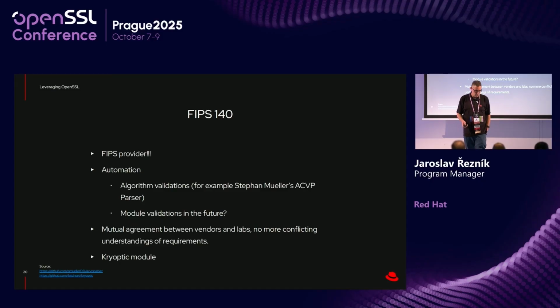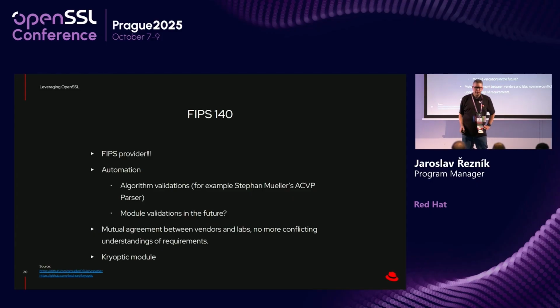That's one of the reasons for this third bullet: sometimes OpenSSL upstream is using one lab, we are using another lab, so different accredited labs could test OpenSSL. And we have conflicting requirements.